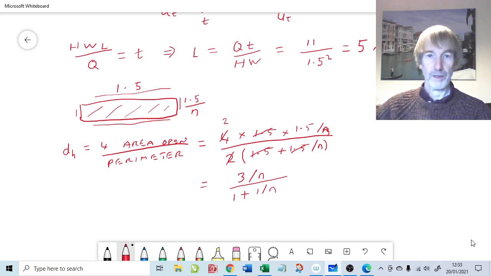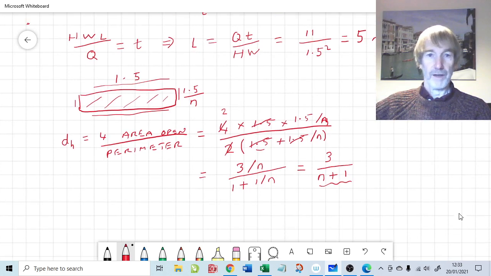Okay, when we divide it through by 1.5, that would leave us with 1 just here, which is what I've got there. Okay, so that's 3 over n over 1 plus 1 over n. Let's tidy up the n's then. If we multiply top and bottom by n, then that becomes 3 over n plus 1. A much simpler equation to use. And we'll need that equation in a moment or two.